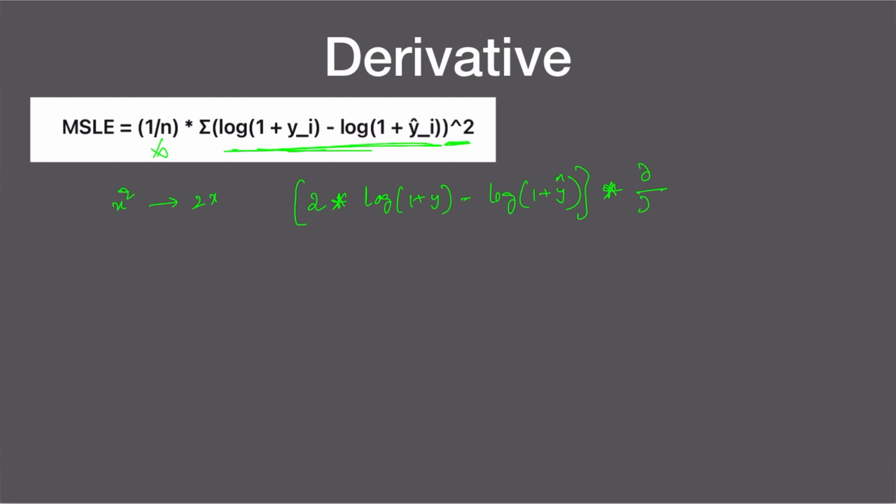We need to take the derivative of log of 1 plus y minus log of 1 plus y hat. Let's keep this term as it is. Now we need to expand this inside. So when I do that, I will get, this term will come here the same.